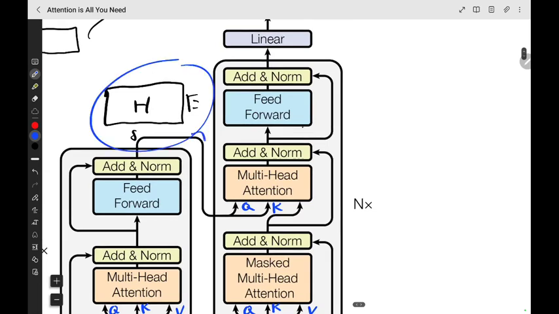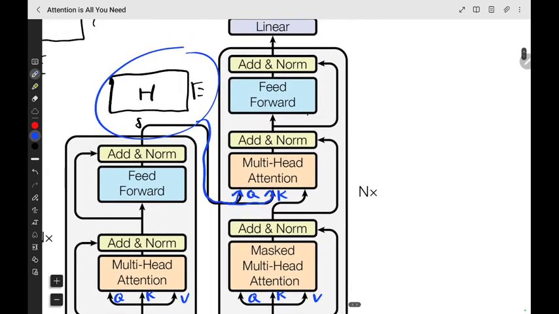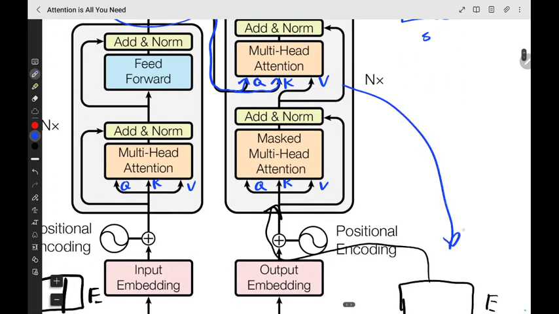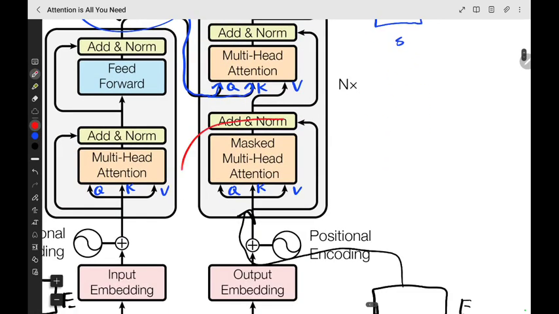So the hidden state goes here, and you make the queries and the keys, and this will form your S by S matrix. So you're finding relationships among the initial hidden state, and then you're multiplying that by the values, which is the decoded state here. So you're weighing the output sequence by the encoded input sequence for this one, and for the first one, you're just finding relationships among the input sequence.